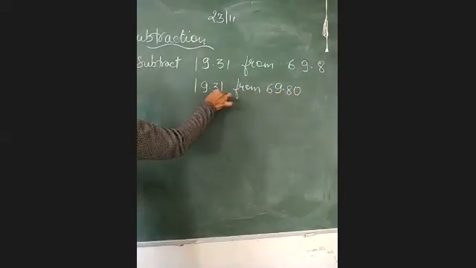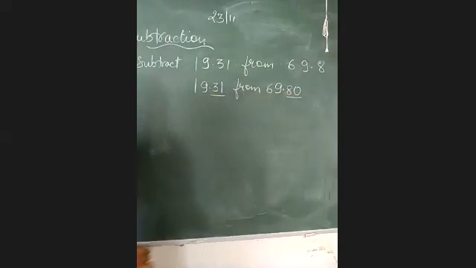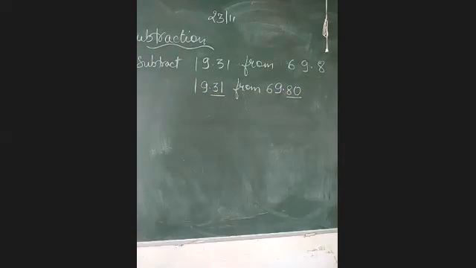Now see, after the decimal 2 places, after the decimal 2 places. Now the question tells us to subtract, and in subtraction the bigger number comes first, the smaller one after. Look at the question: 19.31 we have to subtract from 69.80. So which number will come first?